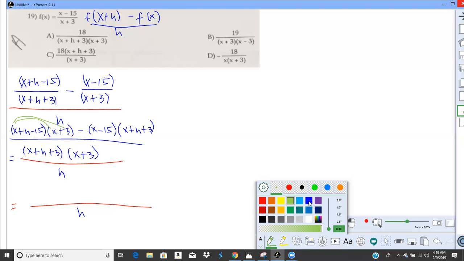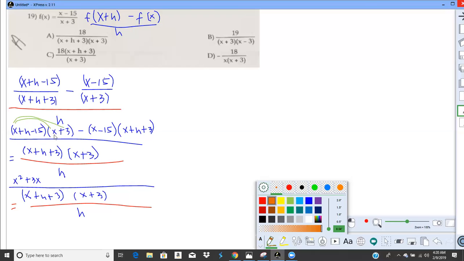So now you would have x squared. Oops, I need to copy the denominator first: x plus h plus 3 times x plus 3. Then x times x is x squared, x times 3 is 3x. So you're done with x.